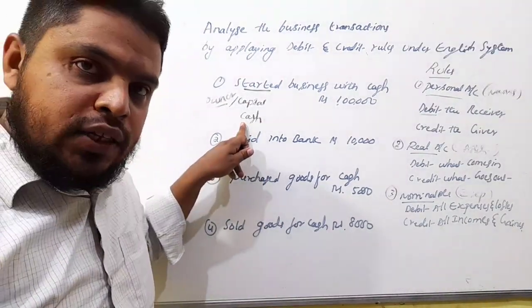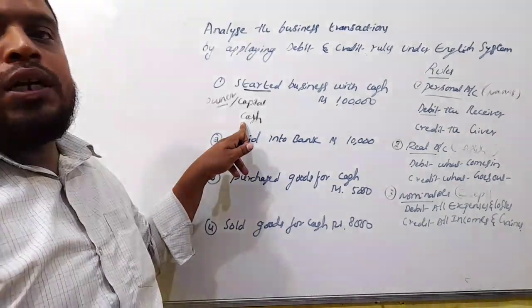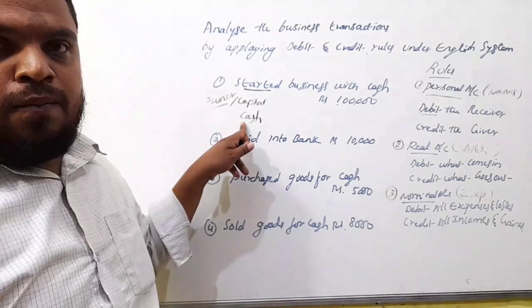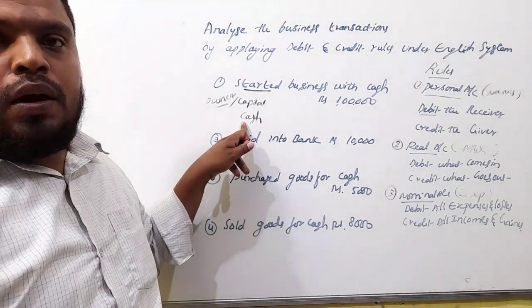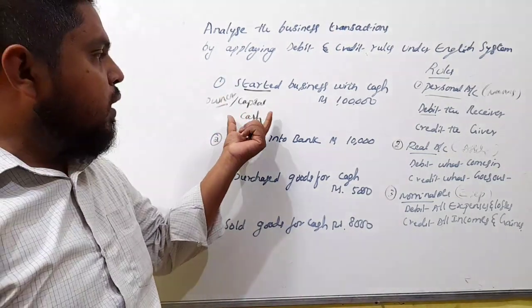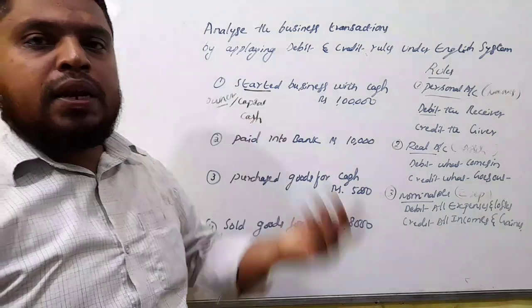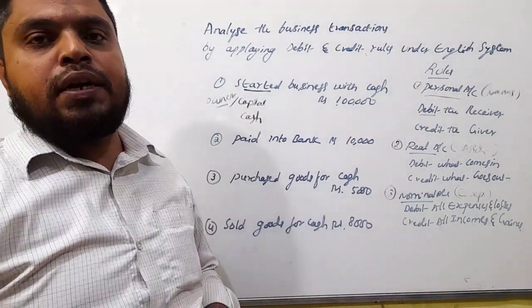The owner can start the business with the help of cash, even with the help of assets, for example goods, land and building, furniture. Whether it is money or assets introduced into the business, we call it capital here.